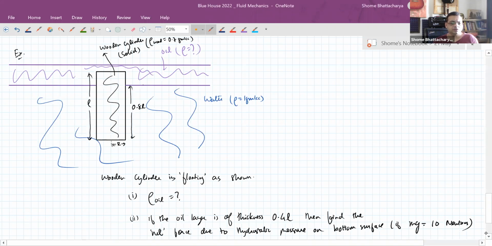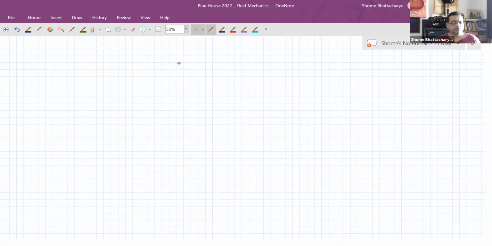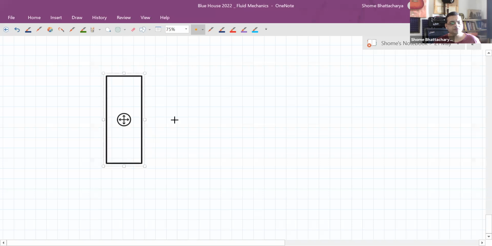Yes, that's correct. Very good. So let's see the two different methods that we can apply to understand how buoyancy acts over here. One is we can just apply the statement of Archimedes principle. In this case, we will equate the buoyant force with the weight of fluid displaced.